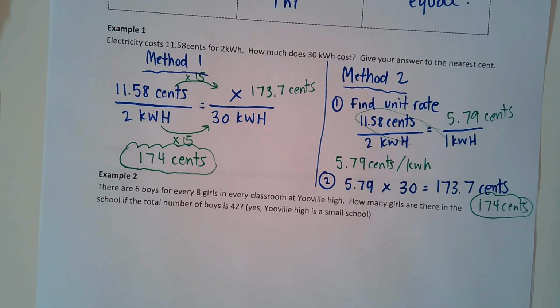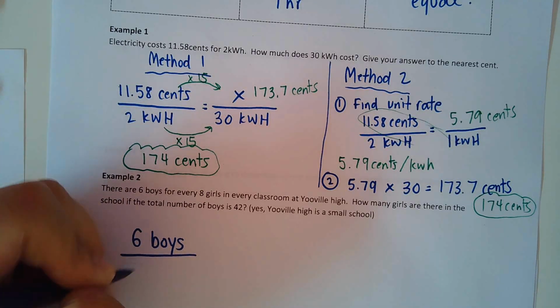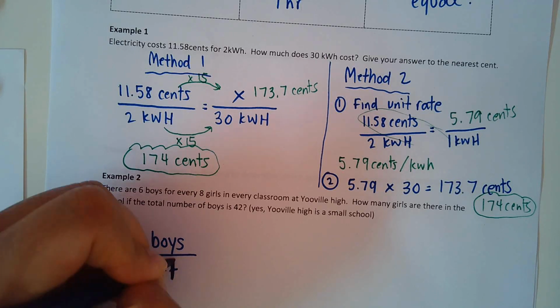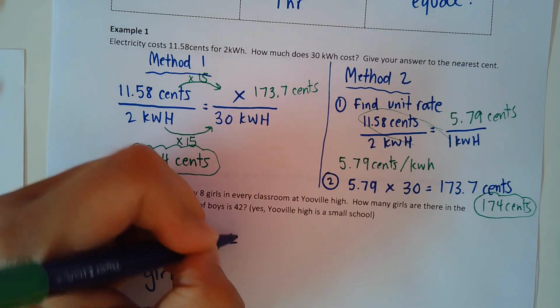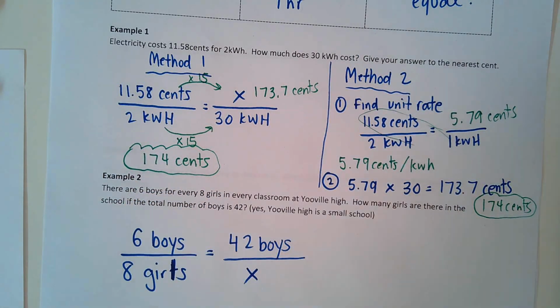Okay, example 2. There are 6 boys for every 8 girls in every classroom at Uville High. How many girls are there in the school if the total number of boys is 42? Yes, this is a very small school here. So we have 6 boys for every 8 girls in each classroom. And if in the school there's a total of 42 boys, well, how many girls are there?